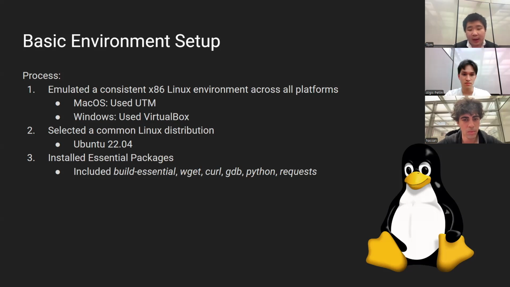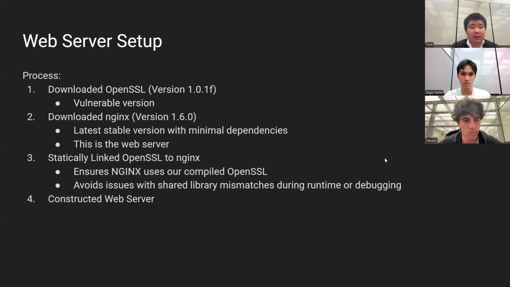We installed essential packages, essential to begin, for GDB, Python, and requests. For the web server setup, we downloaded OpenSSL version 1.0.1f, and we also downloaded Nginx, which is version 1.6.0. It's the latest stable version with minimal dependencies.